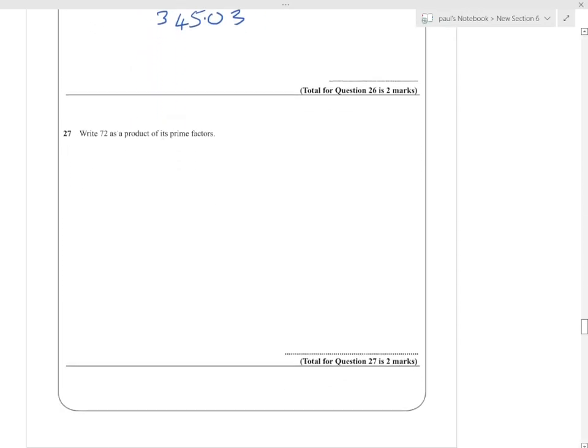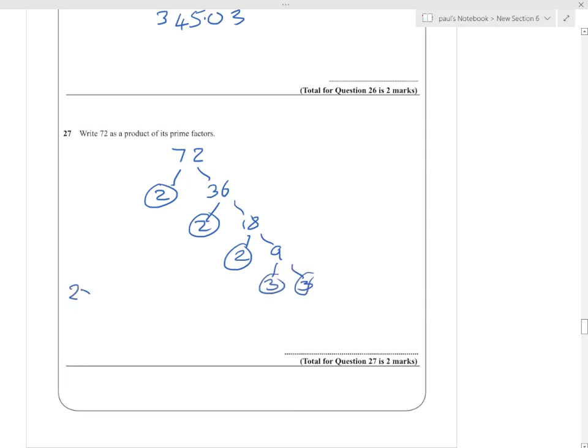Write 72 as a product of its prime factors. So this is a factor tree. So 72 is 2 times 36. There's a prime. 2 times 18, there's a prime. 2 times 9, there's a prime. And 3 times 3, they're both primes. So we end up with 2 times 2 times 2 times 3 times 3.